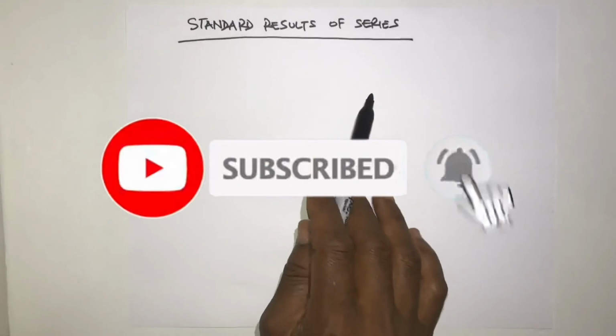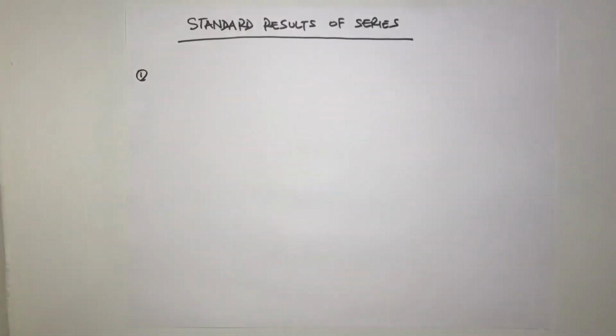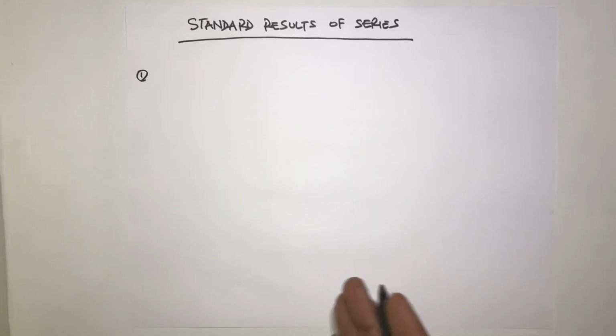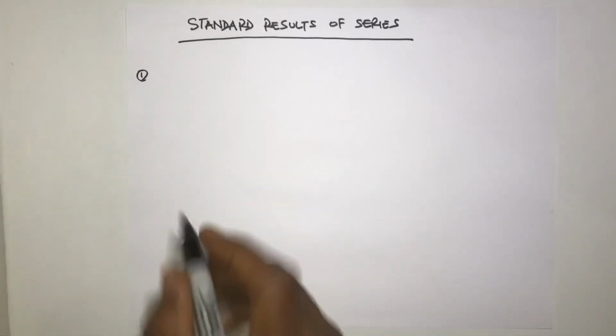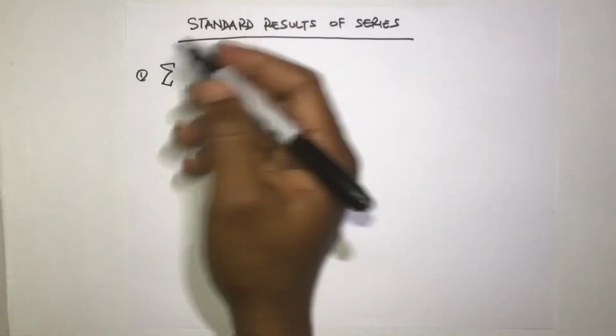Let us look at the standard results of some series. Now these are standard results. It is really good to actually know these, and I'll just be putting them in a tutorial for edification purposes. Of course, these can be proved, but we'll get to that at a later date.